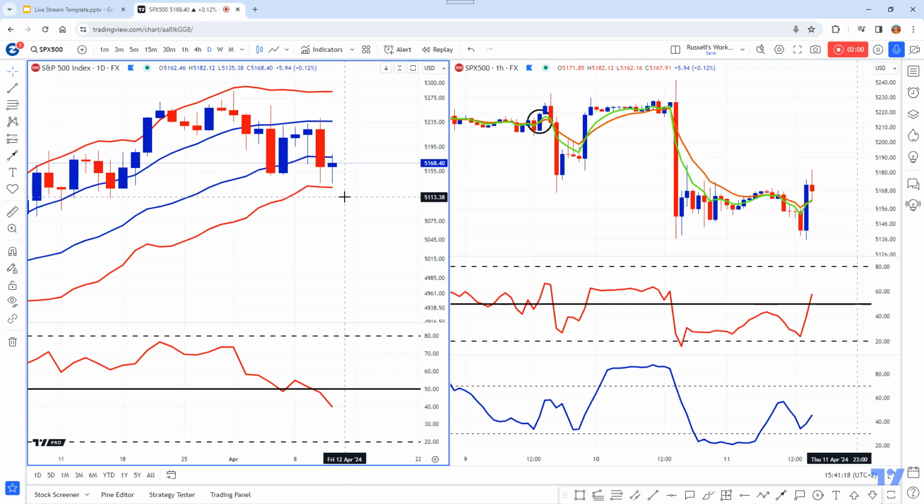If we are talking about a flag, then there are a few things that have to happen technically. The first thing is we would need to close in zone 2, which is between the two blue lines. In other words, we would move out of zone 3 into zone 2. That would be a relative strength movement. It would be a movement of strength. And then if we get back into zone 1, of course, that would be first prize.